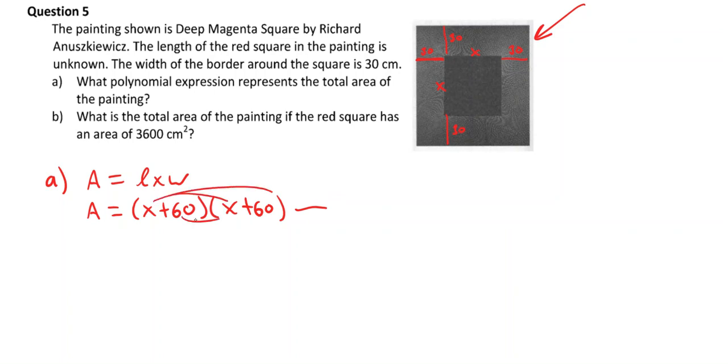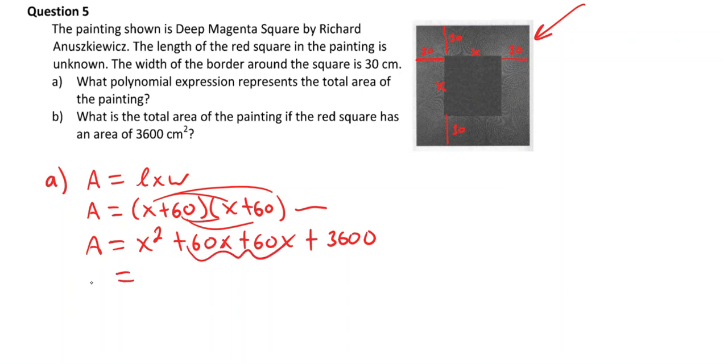The area would be x squared, x times x, plus 60x plus 60x, and then plus 3,600, right? 60 times 60. I'll combine these, so the area is x squared plus 120x plus 3,600.